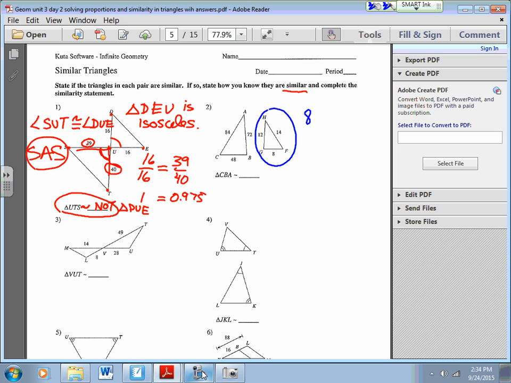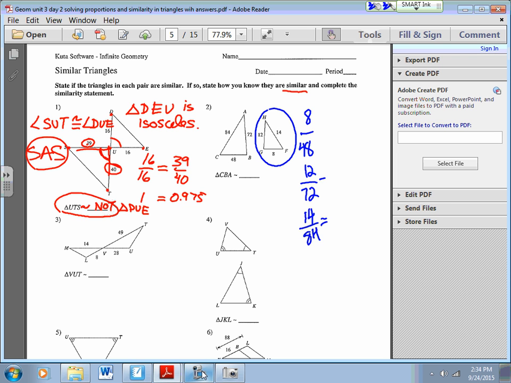The smallest is 8. Smallest on the other one is 48. The next biggest would be what? 12, and the next biggest on the other one would be 72. And then the largest on the one I circled is 14, and the largest on the other one is 84.